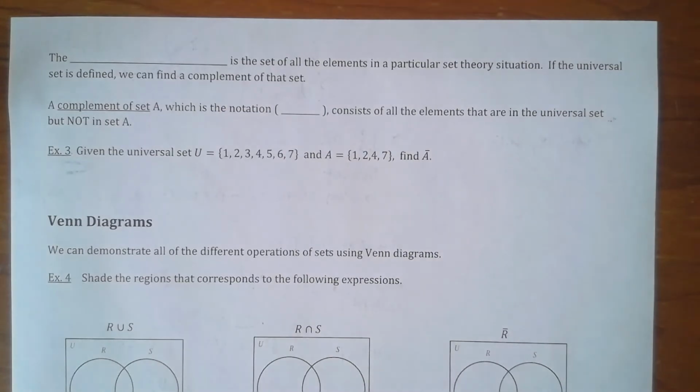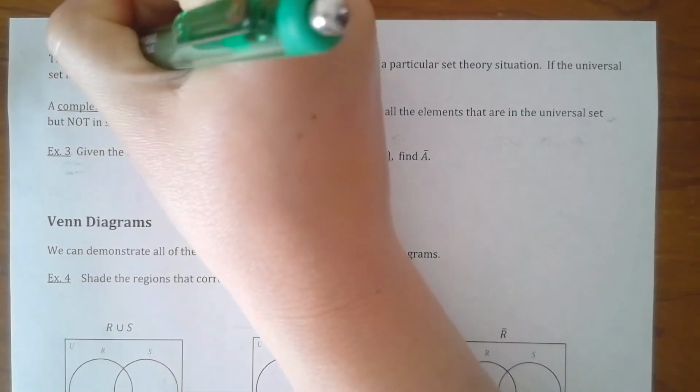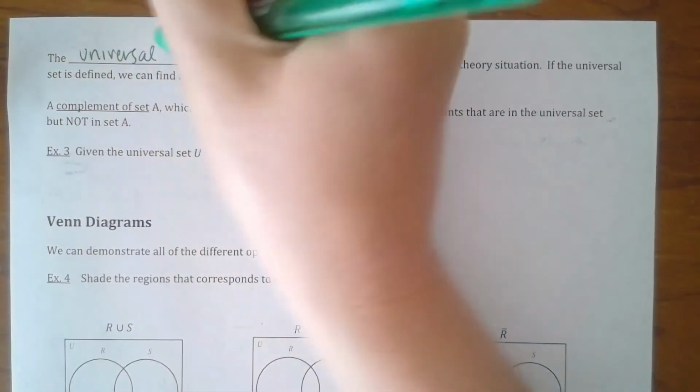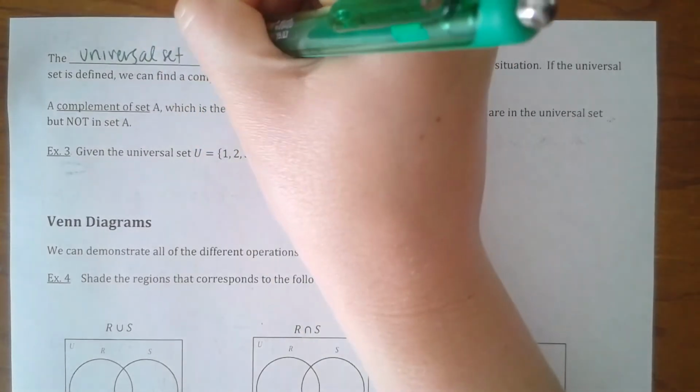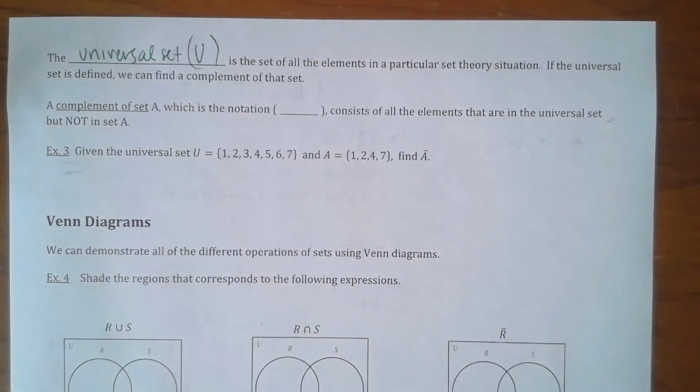If I take all of those sets and combine them all, this would be called the universal set. And for this, we actually do use a capital U. So not a union necessarily, although it's kind of that idea. We're taking the union of everything in this situation and putting it all into one big set.